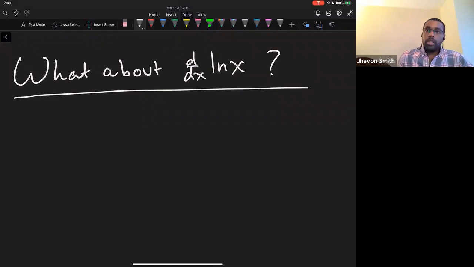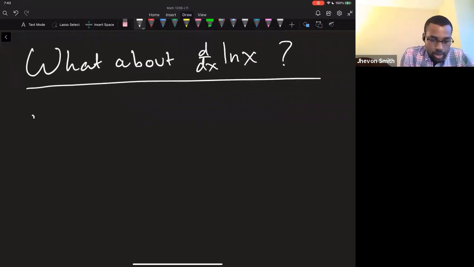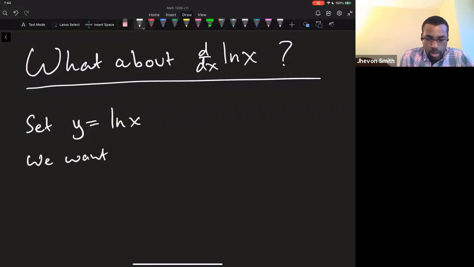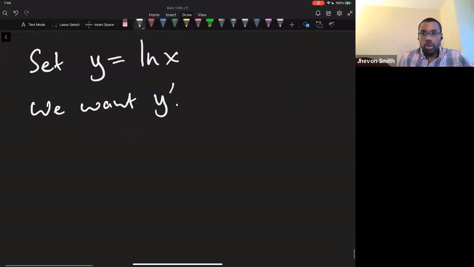So here's how we're going to do it. Set y equal to the natural log of x. Of course, we want y prime, which is the derivative of this guy. So here's one way we can get that.